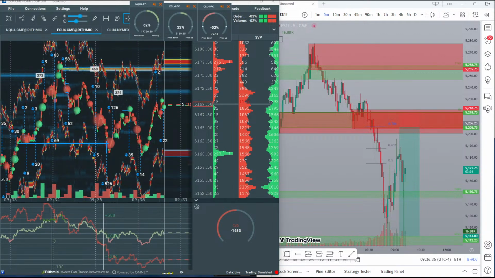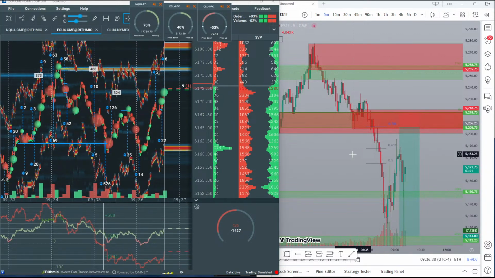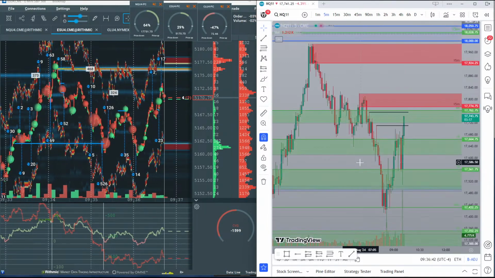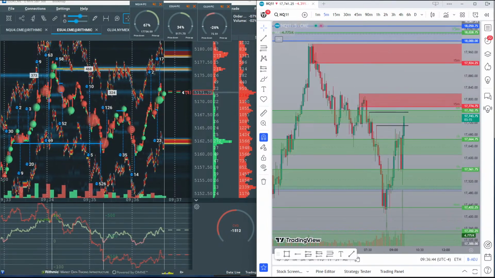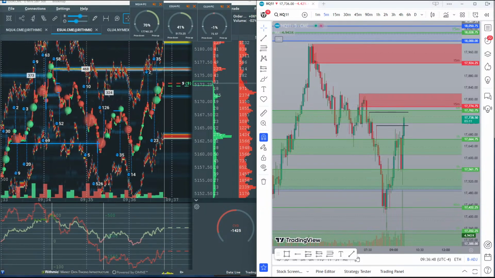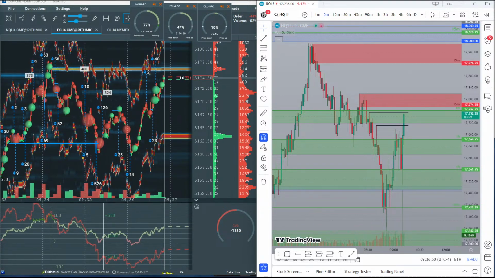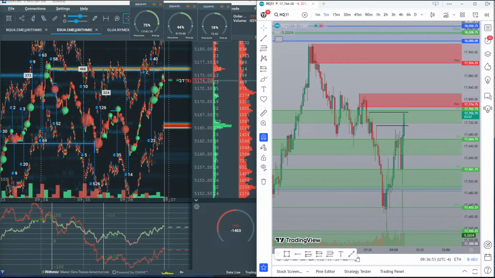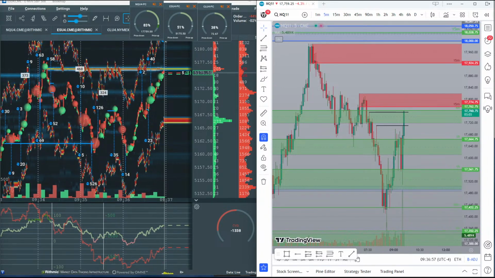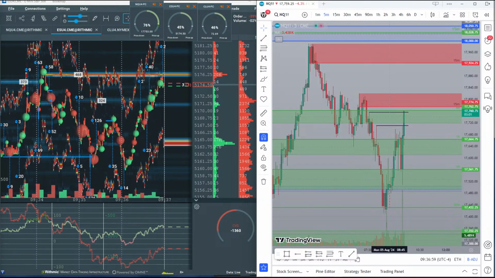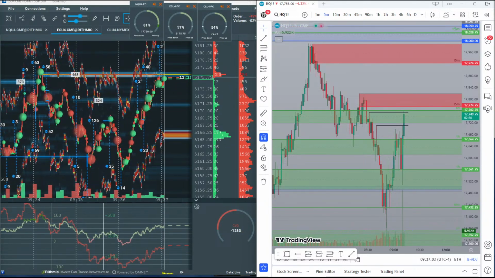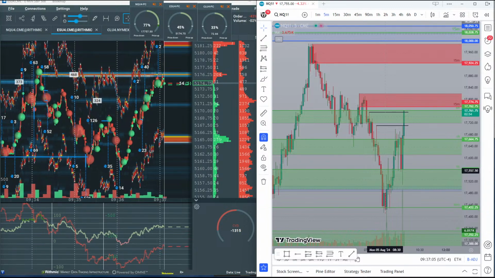Let's see. So again, we're just being patient here. Now, ES is getting a bit of strength, so I would assume NASDAQ is also pushing into its supply zone. Yep, so we have NASDAQ coming into that supply zone.